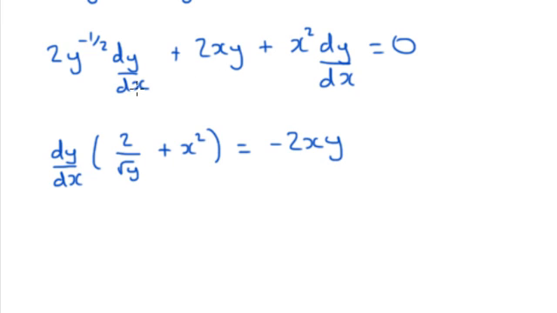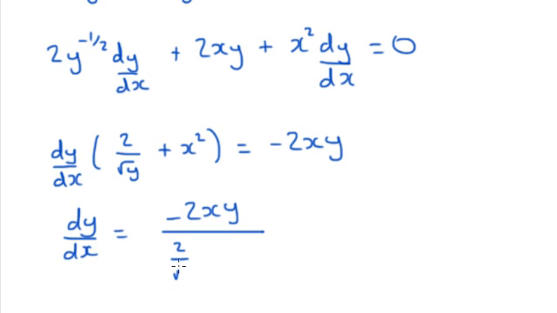So I've factorised the dy by dx's out, I've moved the 2xy to the other side, and now I just need to divide by the bracket to get dy by dx on its own. So minus 2xy over 2 over root y, add x squared.